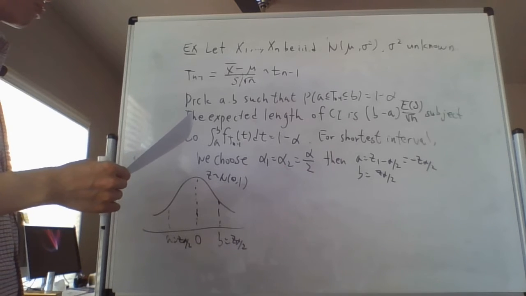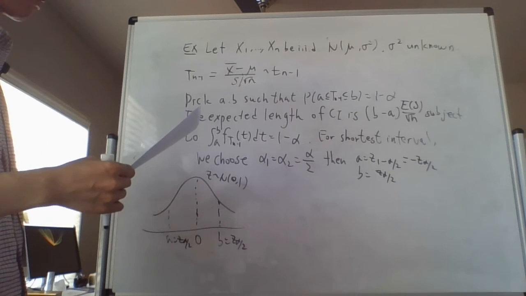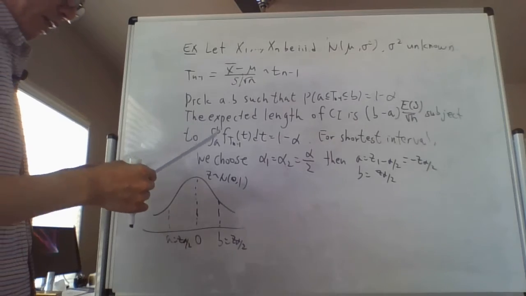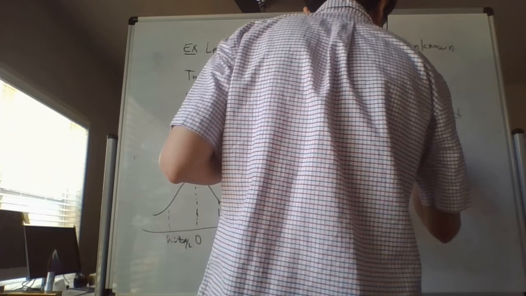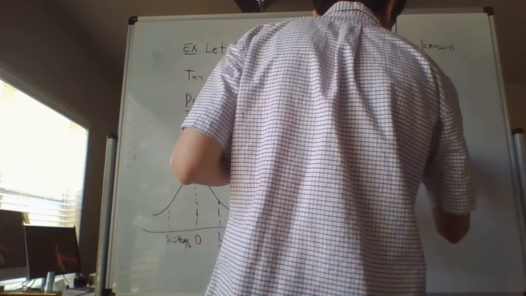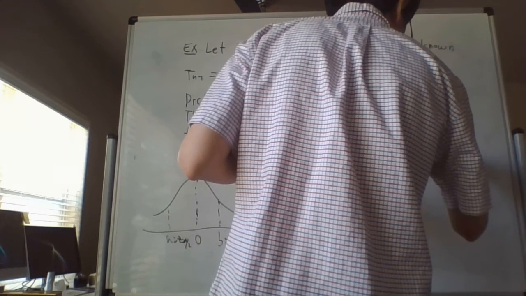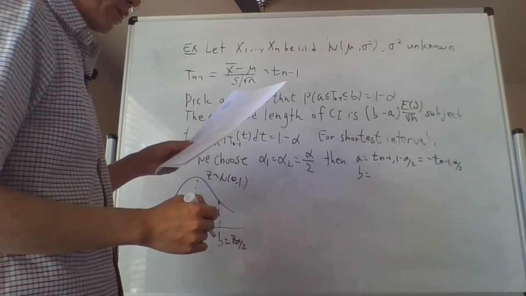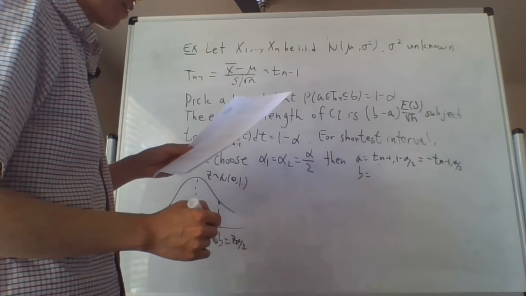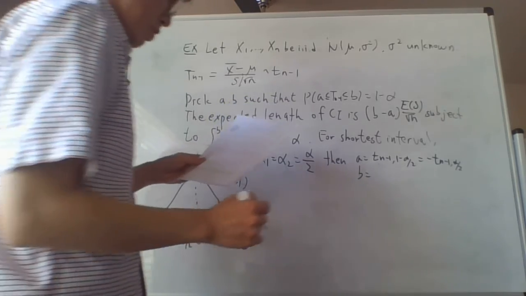Still, for the shortest interval, we choose the two alpha values to be the same, and then by the theorem, the lower bound A is minus t n minus 1 alpha divided by 2. For the upper bound, B is t n minus 1 alpha divided by 2.